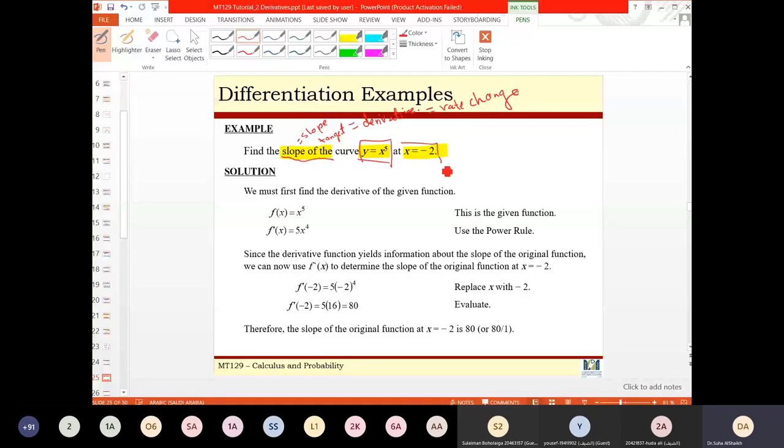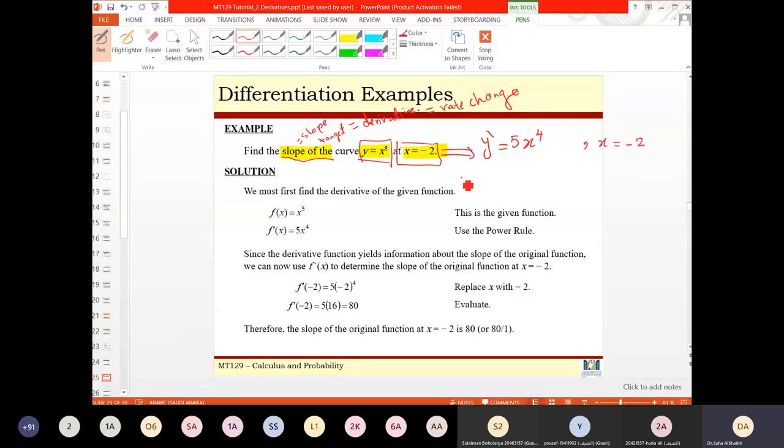What's y dash of x to the power 5? The 5 goes down, x to the power 4. They give me a point, where x is equal to -2.